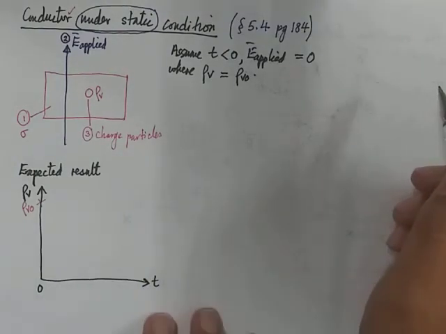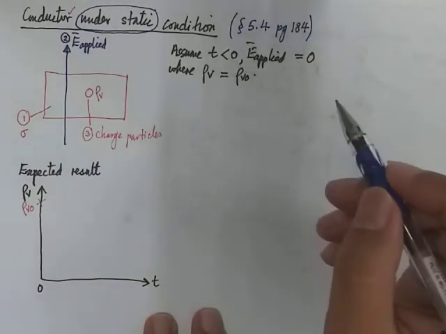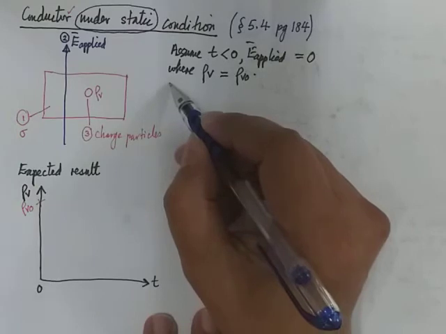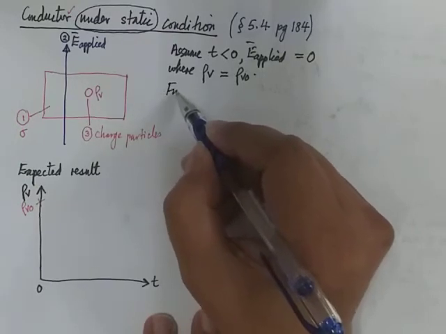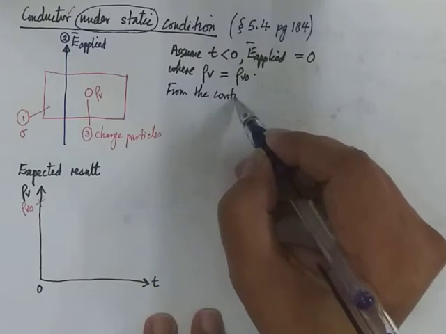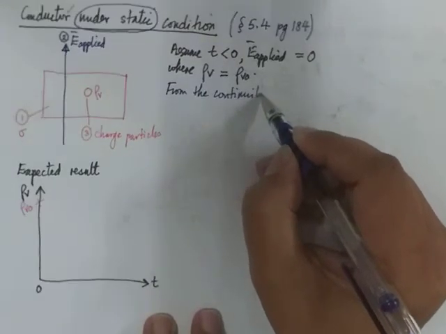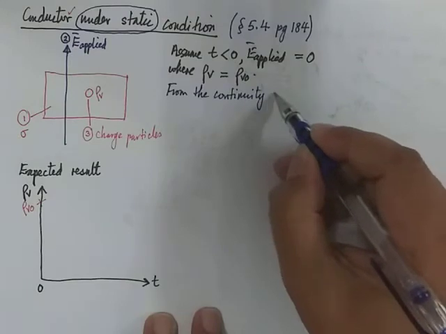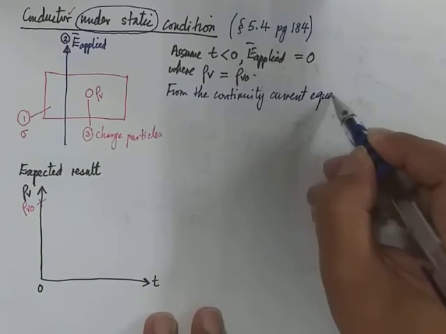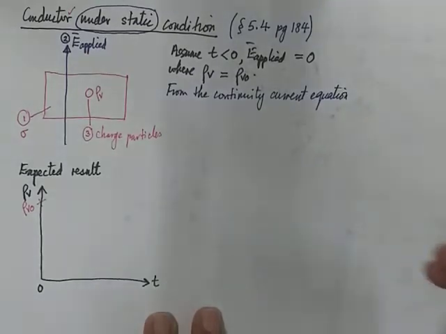So how do we develop the equation? We want to develop the equation of rho v with respect to time. So using the continuity current equation. Remember the equation that we developed together when we talked about the model of current equation, which is known as the continuity current equation.